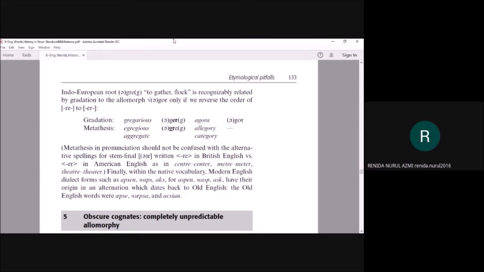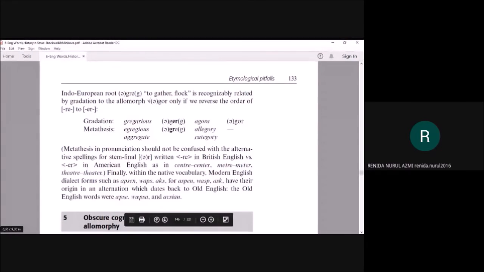Finally, in the native vocabulary, modern English dialect forms such as ask and aks for ask have their origin in an alternation which dates back to Old English. That's all from me.